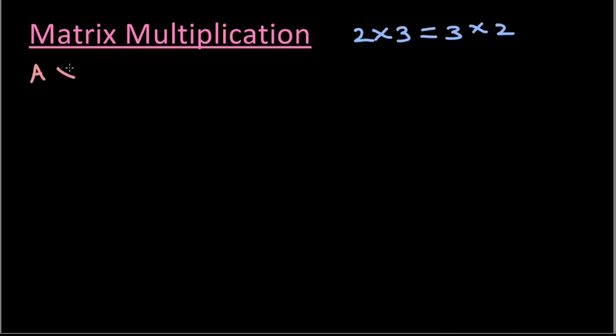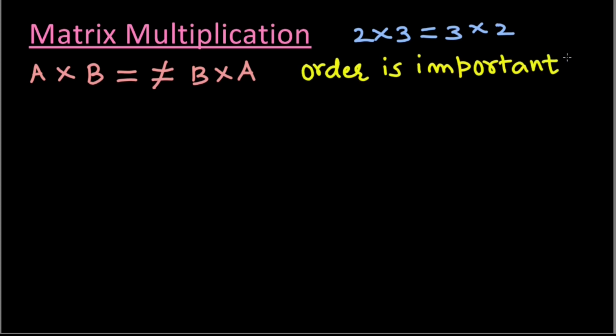Matrix A multiplied by matrix B may or may not be equal to matrix B multiplied by matrix A, which means the order in which two matrices are multiplied is important. So let us write here, order is important.